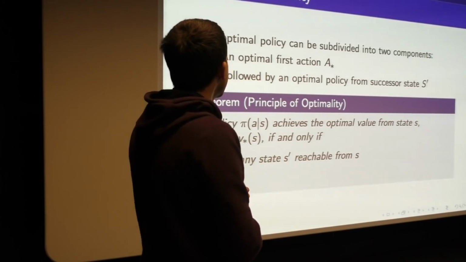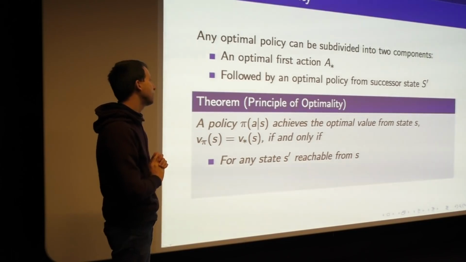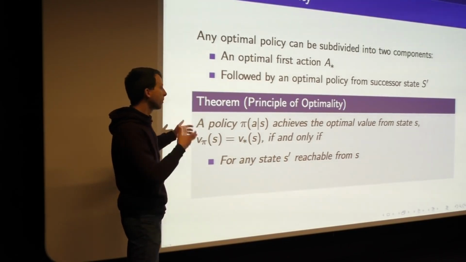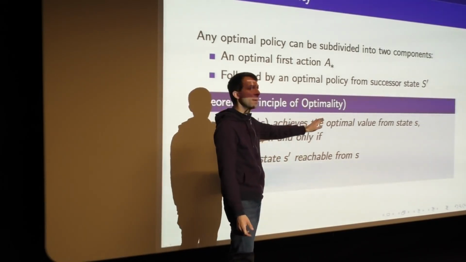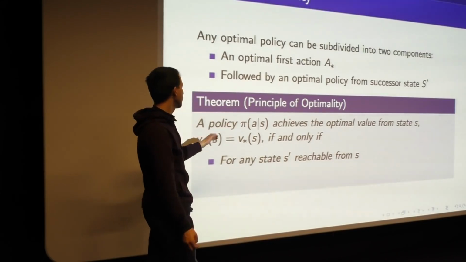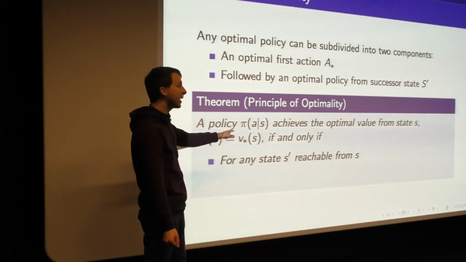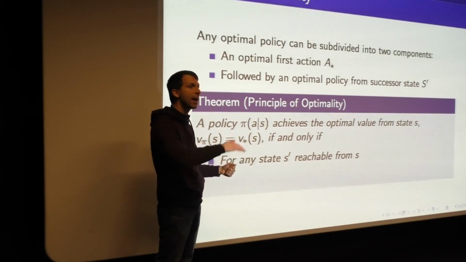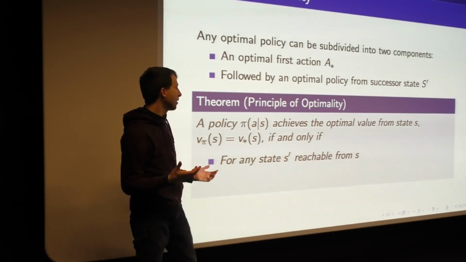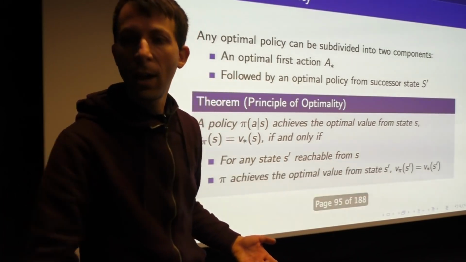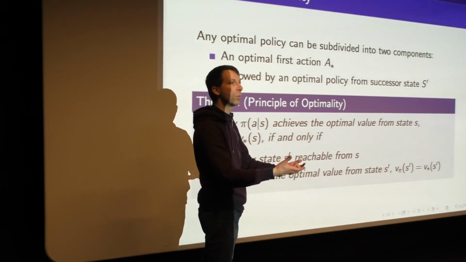So this gives us a theorem, the principle of optimality for policies, and the way to think of this is just a formalization of exactly that intuition. A policy achieves the optimal value from any state S. In other words, the value of that policy is the optimal value function from state S. So this policy really does get the maximum juice out of our MDP if and only if, for any state that we can reach, the policy that we follow is optimal from that state onwards.